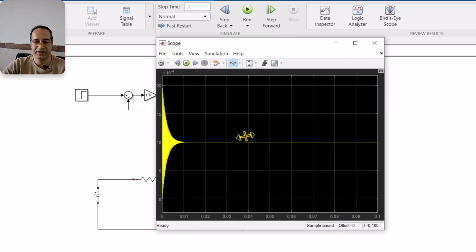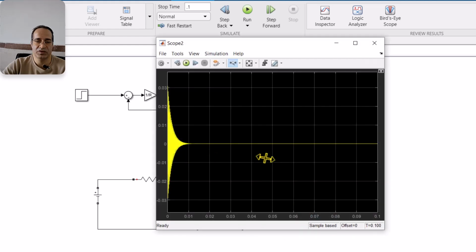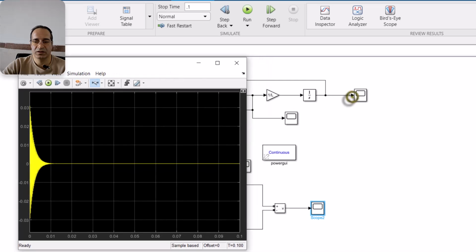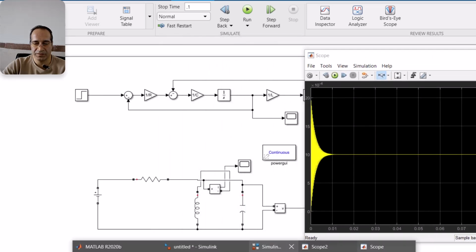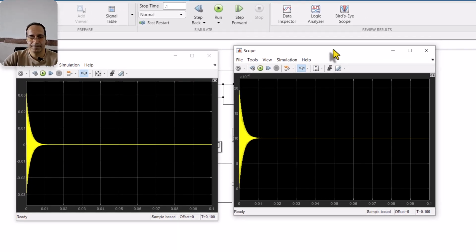Okay, this is VC, as you see, VC shape, and then VC shape over here. This is one scope and this is another one. I need both of them. Seems similar, but this goes to 0.03.